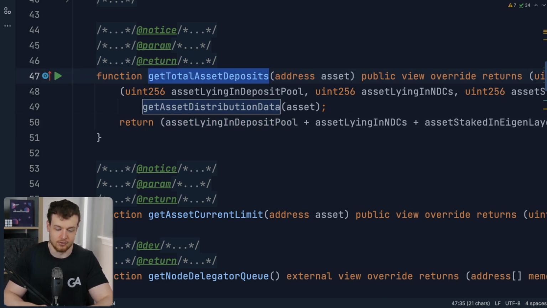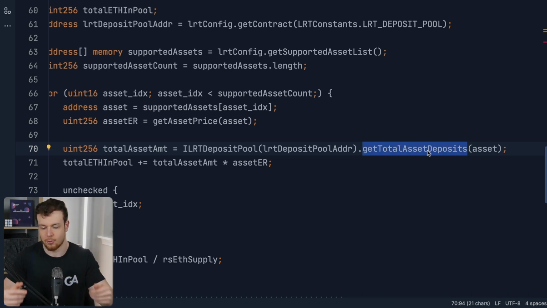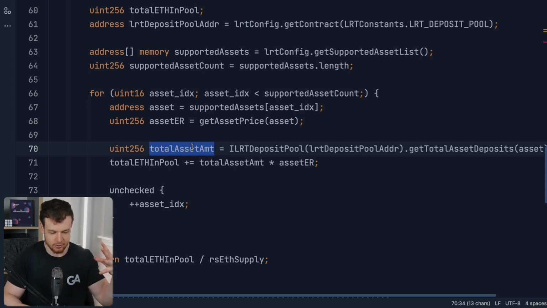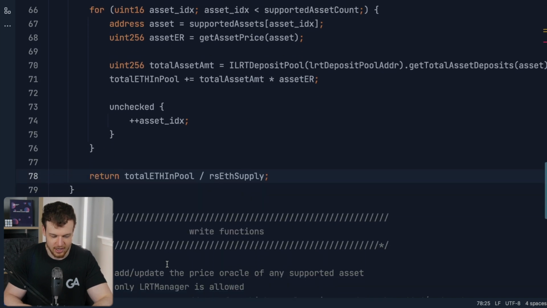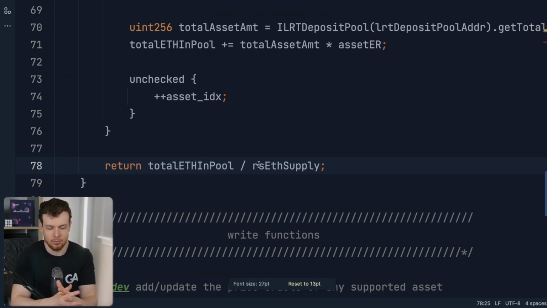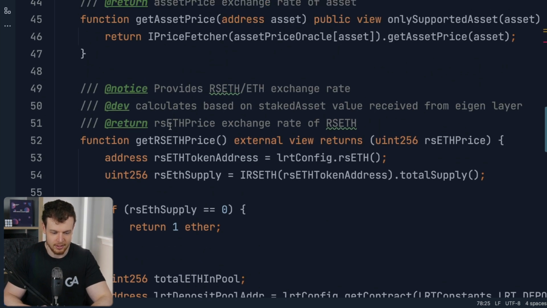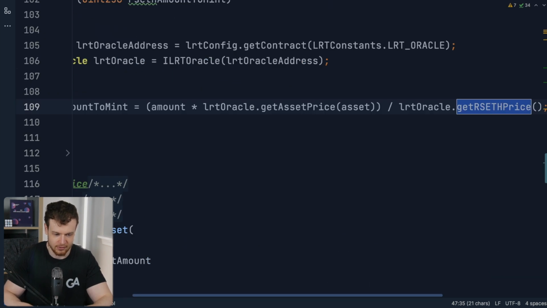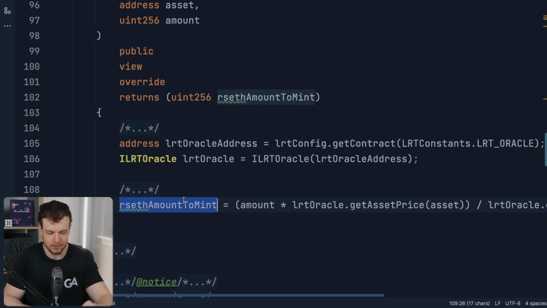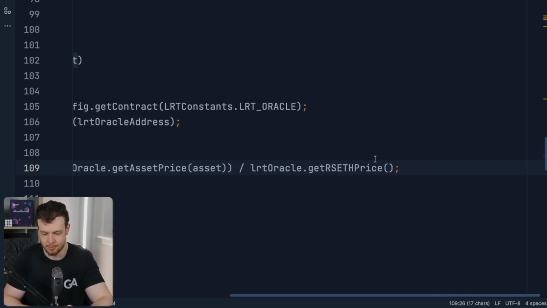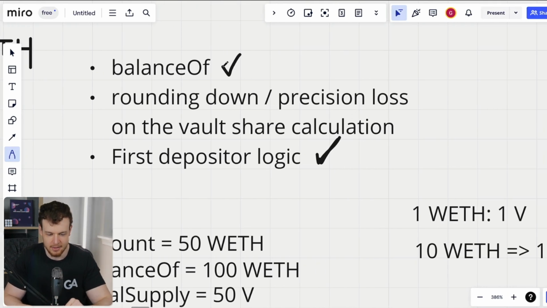So this get total asset deposits will go back to the Oracle, and we see this function, get total asset deposits, is what is returned here, which is ultimately affecting the total ETH in the pool, which is ultimately changing the price of the pool, the price of the RS ETH token, which if we go back over to the deposit pool, we see where we're using this get RS ETH price. It is, of course, when we are getting an amount to mint. So this RS ETH amount to mint is directly dependent on the price, which is manipulatable via balance of. So we've gotten this checked off.